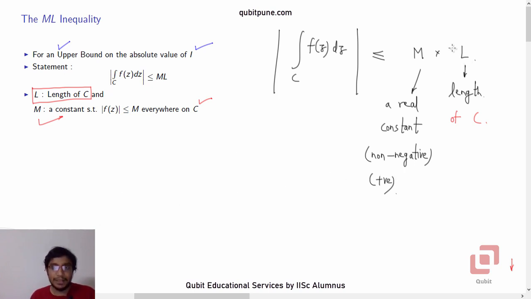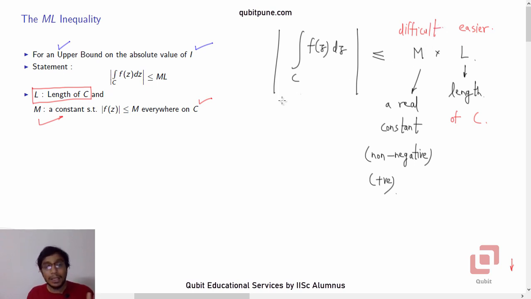Part one is to find the length of the curve, which is perhaps the easier part. And part two is finding the bound on f of z's modulus or absolute value, which is M. Now this depends on what function you have.